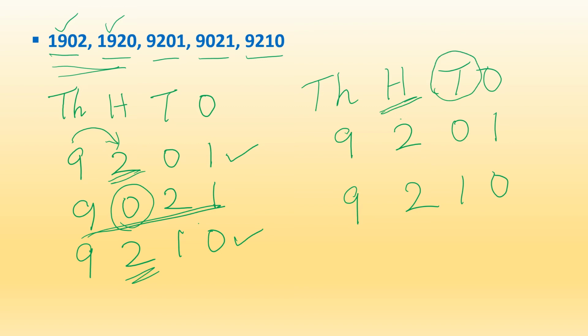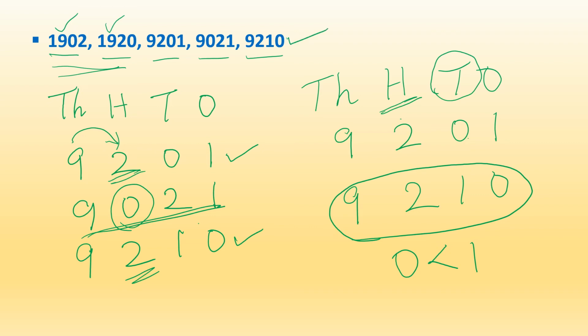So which are the digits in the tens place? 0 and 1. And you know 0 is less than 1. So you have come up with your answer, which is the largest number. 9210 is your greater number in this list. Okay.